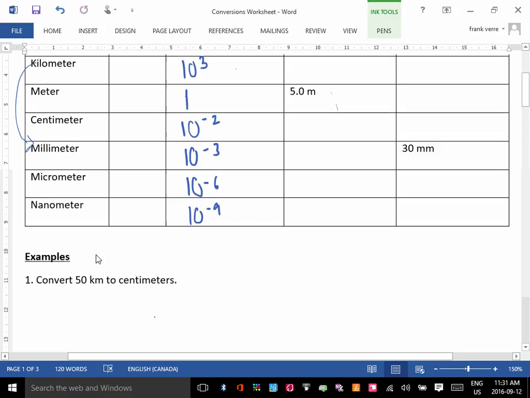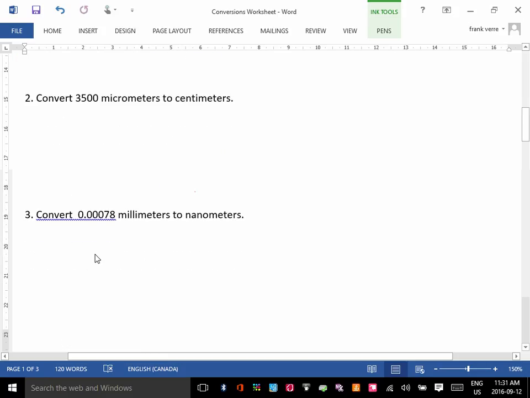One of them was converting millimeters to nanometers. Let's look at that one right now. According to your table, relative to the base unit, what's a millimeter? 10 to the negative 3.